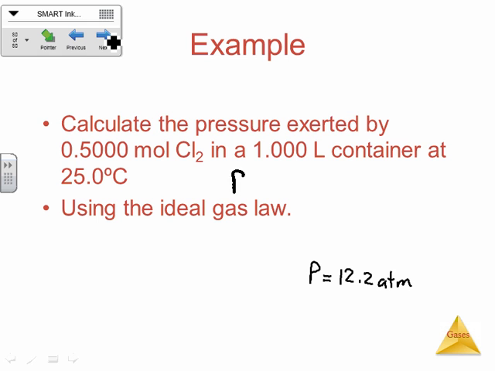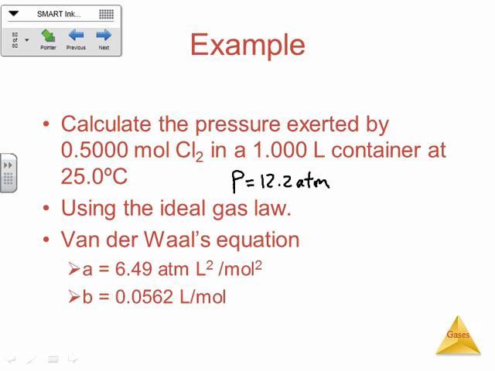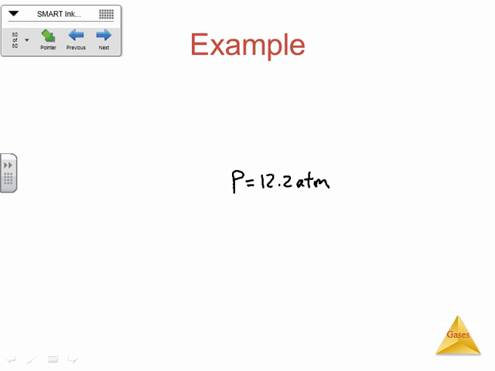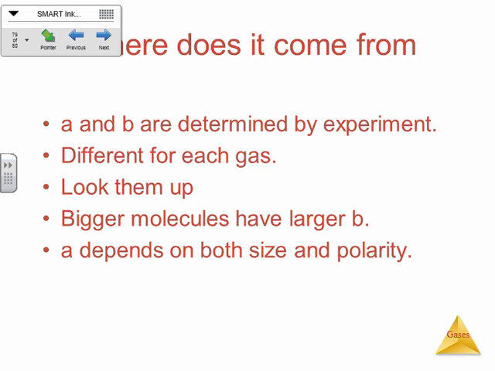I'm going to write this up here so that we have that to reference when we calculate the other part. Alright, and then we're going to use van der Waals equation, and they're giving us the a and the b on this one. So then we have to go back and take a look at that equation. The P part of that equation, I don't even remember this off the top of my head.